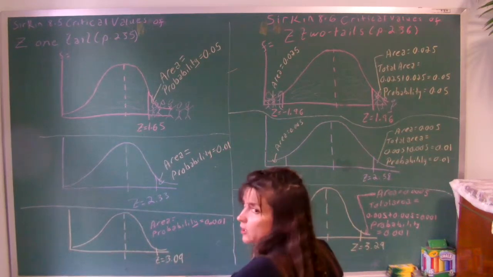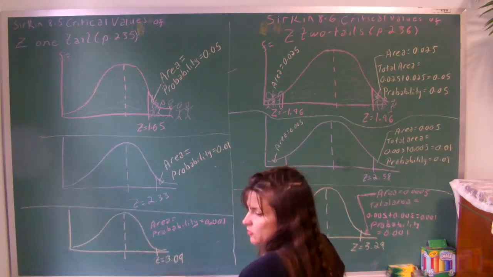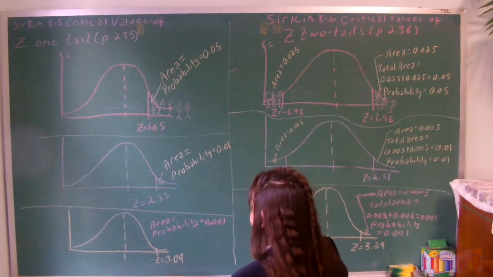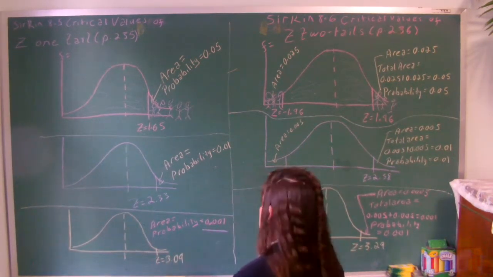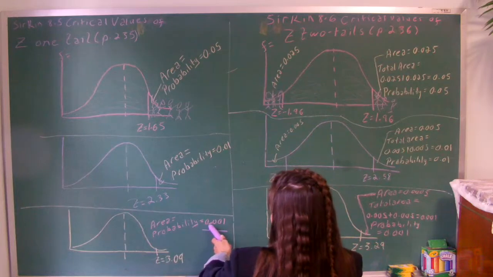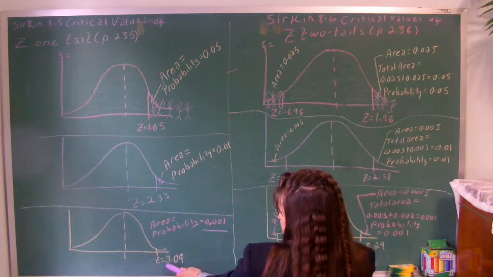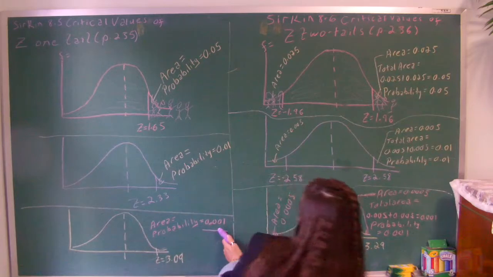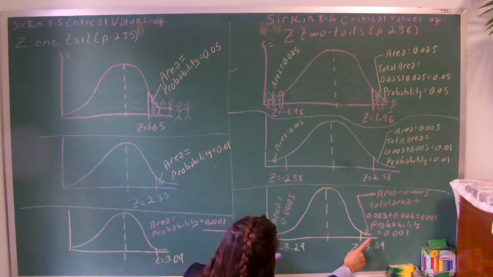This is similar for the smallest probability, which a lot of medical fields use. If I'm taking medication, I'd want the p-value to be no higher than 0.001 as far as it working the way it's supposed to. The area probability for one tail is 0.001, because it's just on one side, which has a Z critical of 3.09. For the two-tail, that probability has to be divided in half, so you have half of it on both sides.